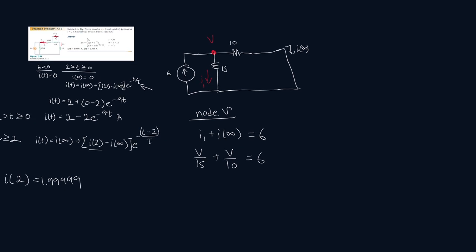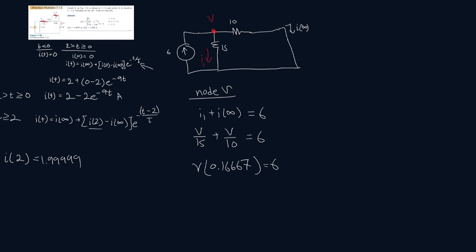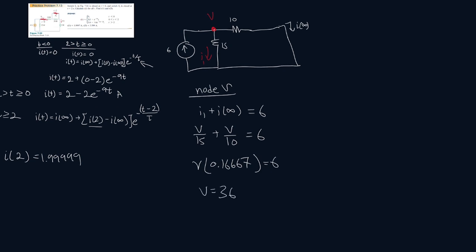Okay, so take out the V. So it's 1 over 15 plus 1 over 10, which is 0.16667, equals 6. 6 divided by 0.16667, V is 36. So I infinity is V over 10. So 36 over 10, that's 3.6.